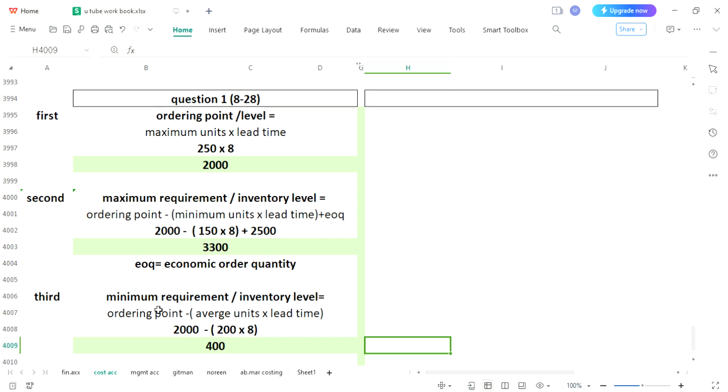Alright guys, so we will start our second question as well at the same time. Let me give you a suggestion. Should we have the solution of the second question at the same time, or should we have a separate lecture? Right now we will be doing it at the same time, but I will wait for your comments. If you want the solution of two questions at the same time, we will solve in the same lecture.